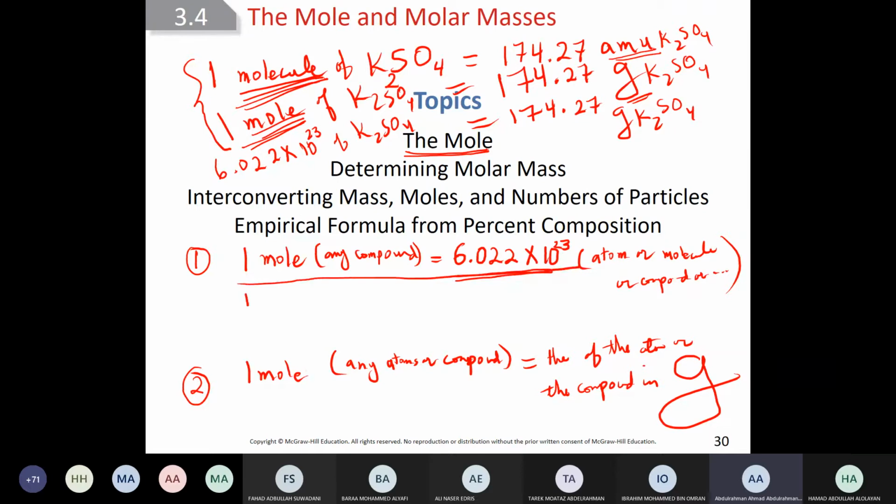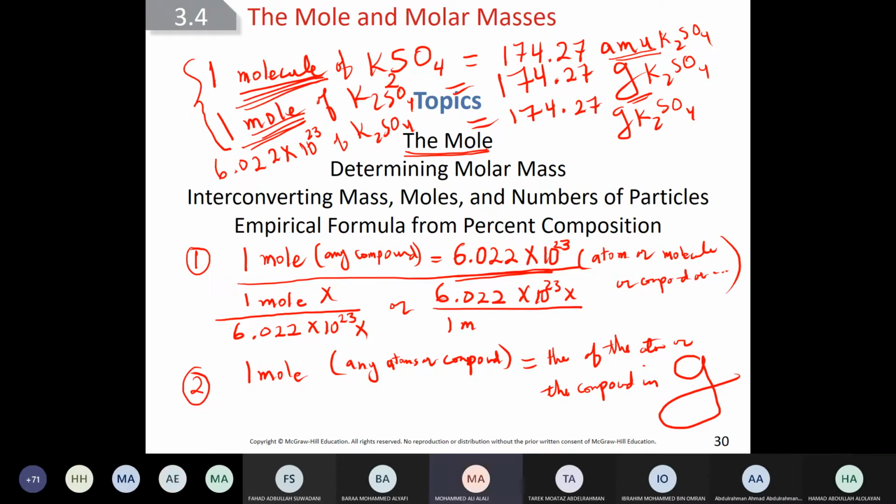I can put 1 mole divided by 1 mole of X, which is equal to 6.022 times 10 to the power 23 X. Or I can say 6.022 times 10 to the power 23 X divided by 1 mole. Clear?